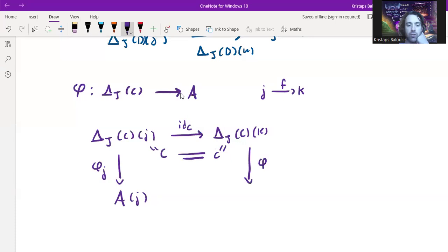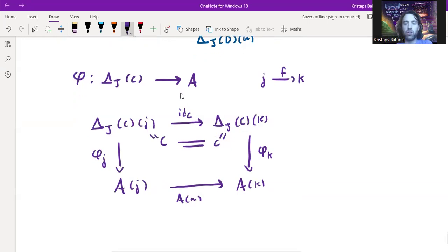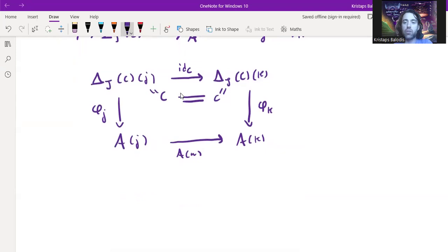So here we have phi sub k, a k, and over here is a of u, right? Because of this equality, I can just squish the top two parts of the diagram together. And what does this really say?